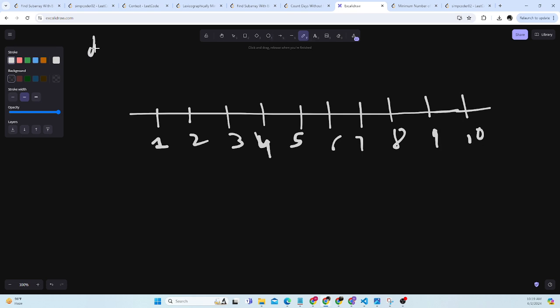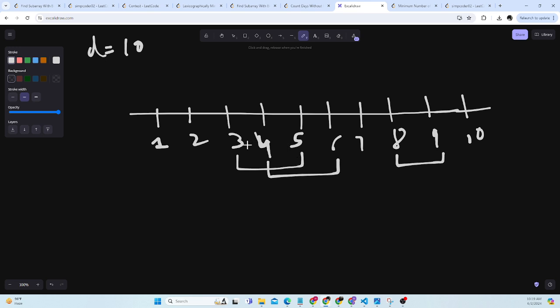Okay, so let's say there are some intervals like 3 to 5, and 8 to 9. Let's say we have these two, and we have 4 to 6.